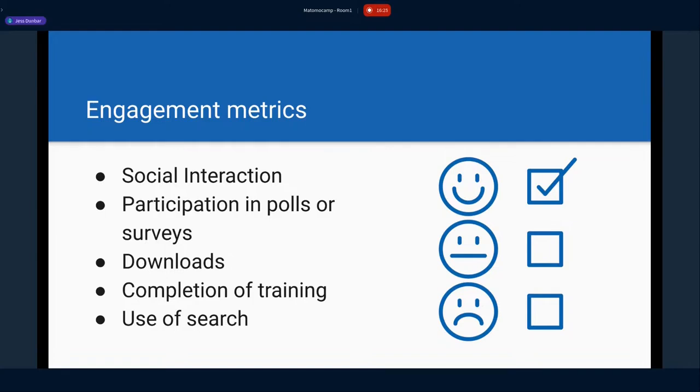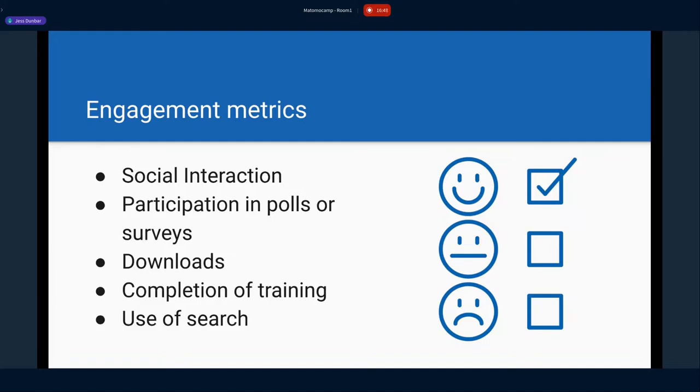But your engagement metrics offer a deeper understanding of how your users interact. Some of those might be metrics such as comments, likes, shares. Those will indicate the polls and surveys. A high participation rate suggests that users feel a sense of community and involvement.